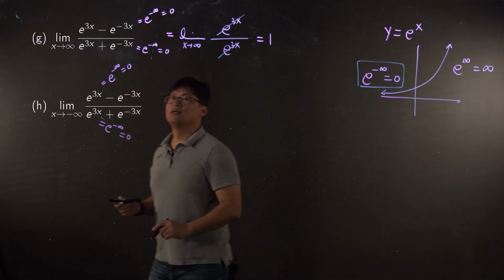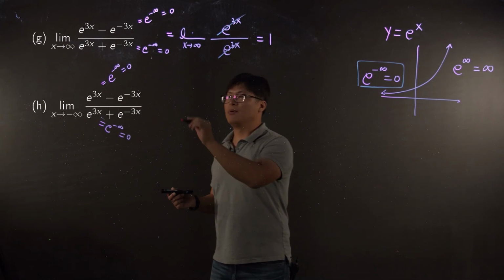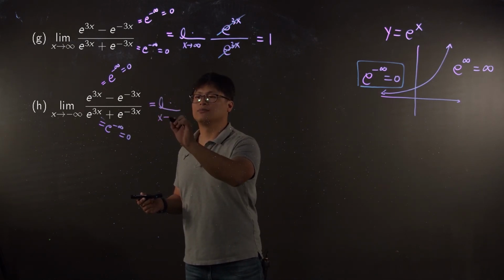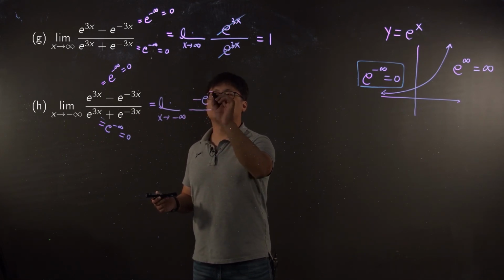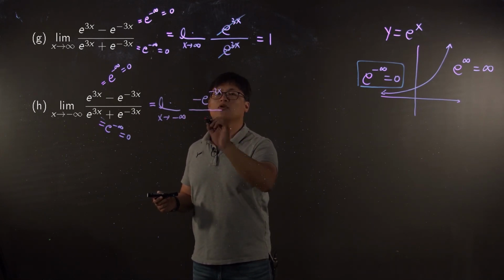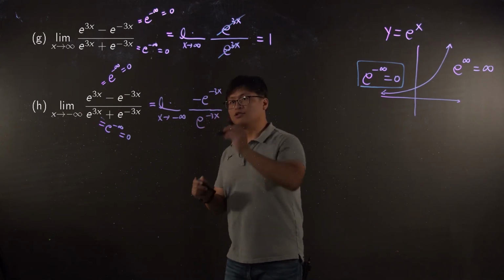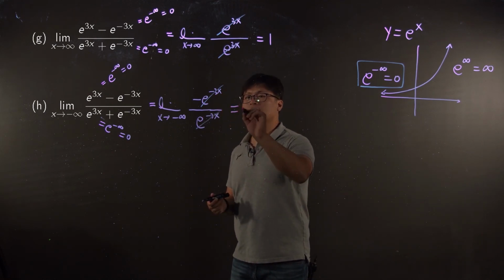Is that clear? So since we figured it is 0, forget about that part, but let me rewrite your limit without 0. Okay? Minus e to the minus 3x over e to the minus 3x, okay? Then there's no problem to cancel these guys. Then your answer is -1.